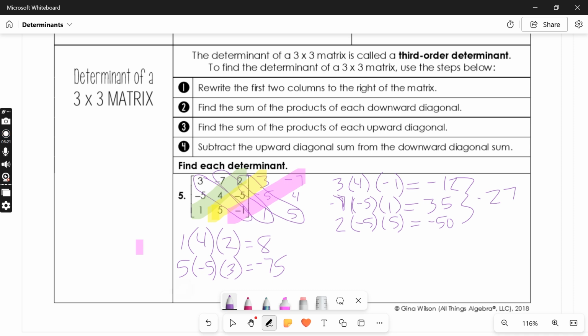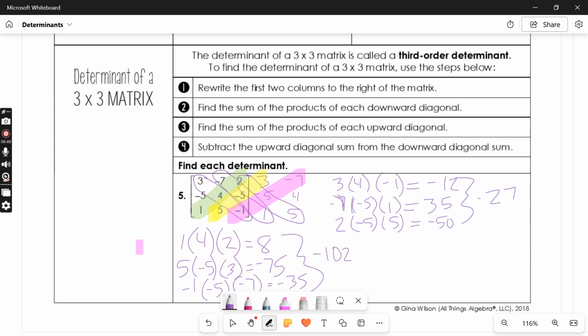And then I'm going to have negative 1 times negative 5 times negative 7, which is negative 35. Okay, so I'm going to add all of those together, and I get negative 102.